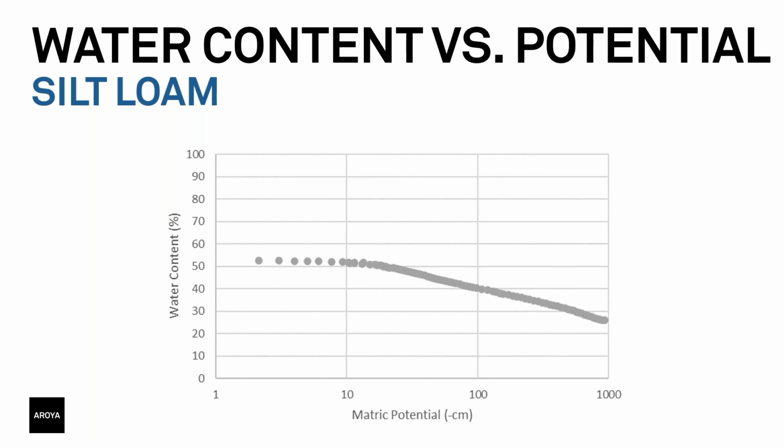Lowering the potential beyond -10 centimeters starts to desaturate the soil, so air starts to go into the pores. And by the time we get to -1,000 centimeters, the water content has decreased to around 25%.